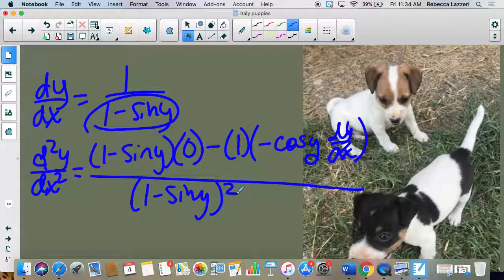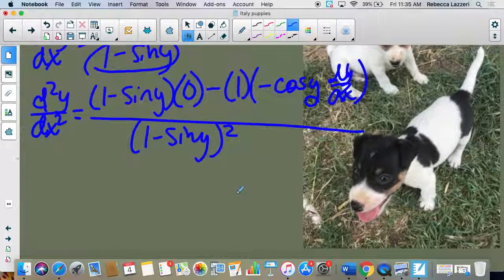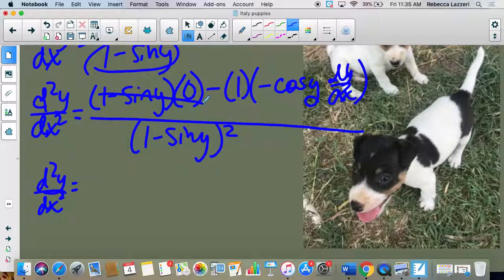I think you've gotten the feeling that you don't want to multiply all that stuff out. Just leave it like it is. Don't FOIL that out. Is everybody okay so far? Now, if they gave me a point, I would fill it in. Right now that's gone, minus a negative is positive.